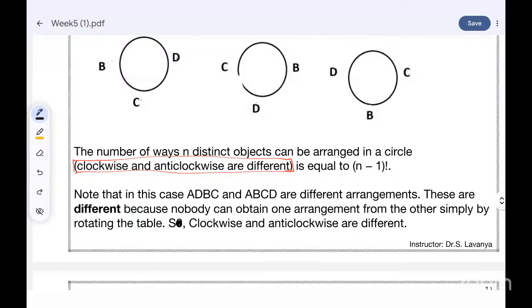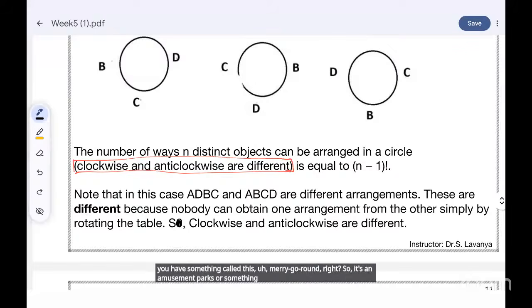Sorry, ma'am, can you repeat? So what is meant by a merry-go-round? Do you know? In places where you have these fun games and all, you have something called a merry-go-round, right? In amusement parks or something, you have this kind of merry-go-round.